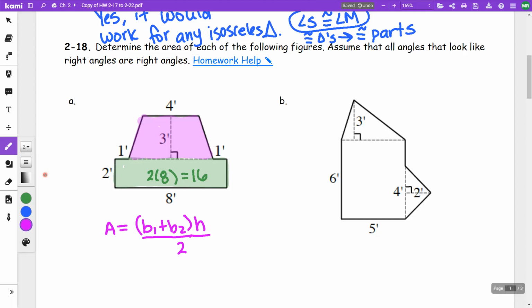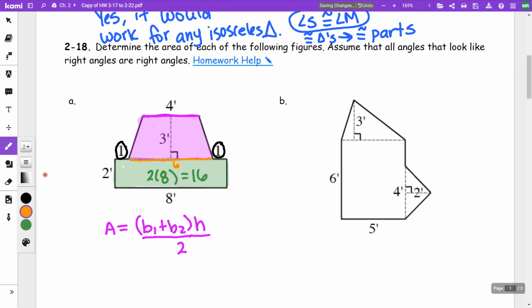So I know one of the bases is 4. I need to find this base right here. So let me just kind of draw it in orange. Well, what I know is I have a 1 here and a 1 here, and it's 8 across. So that means that this orange piece is actually going to be 6.